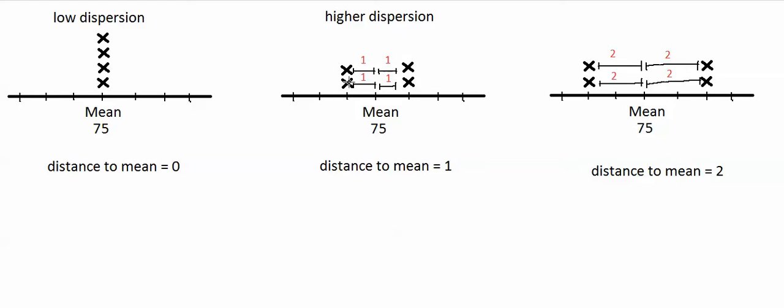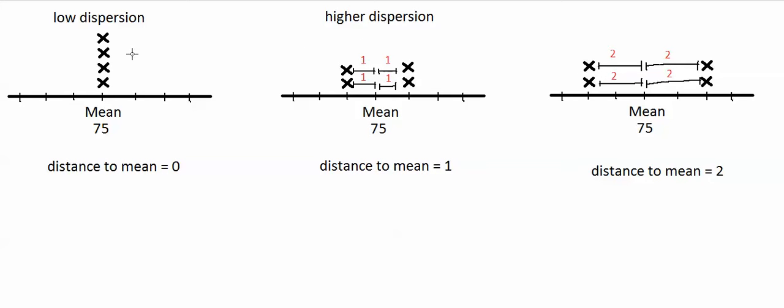This data set had higher dispersion, and the values were further away from the mean. They were 1 away from the mean. This data set has even more dispersion than this data set, and the distance to the mean has gone up because now each data value is 2 away from the mean.